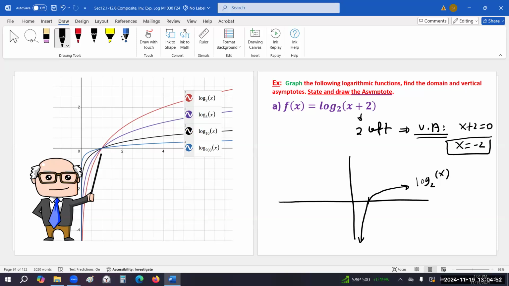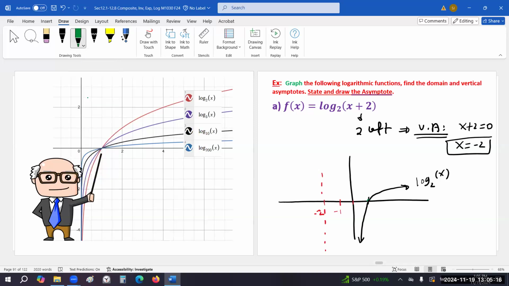This is the original graph. I didn't do any transformation yet. It says negative 1 here, 0 here, negative 2 here. This is the line that we cannot cross. So the graph has to be on one side of that line.